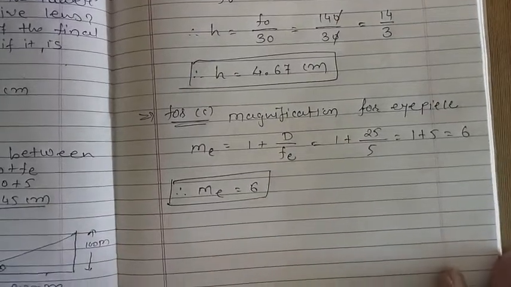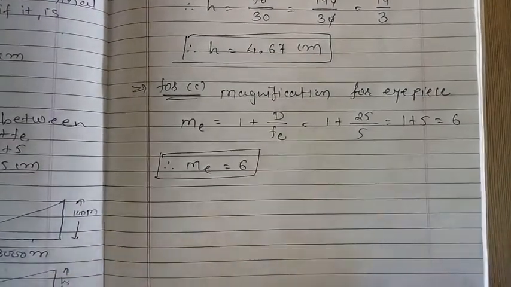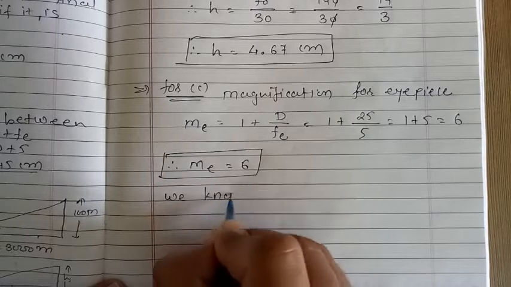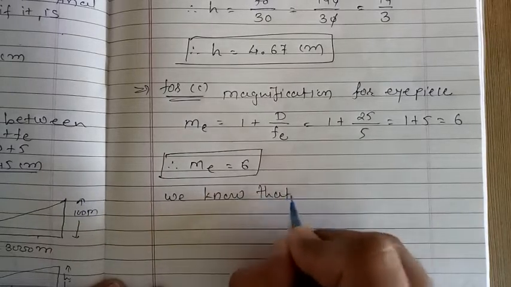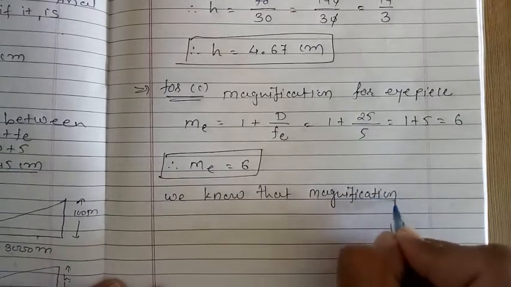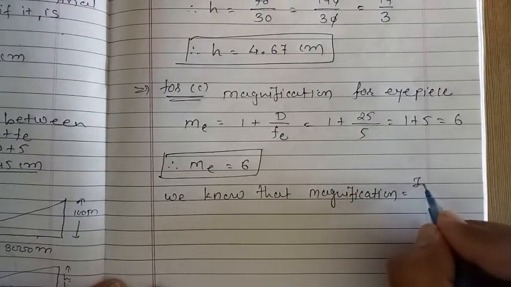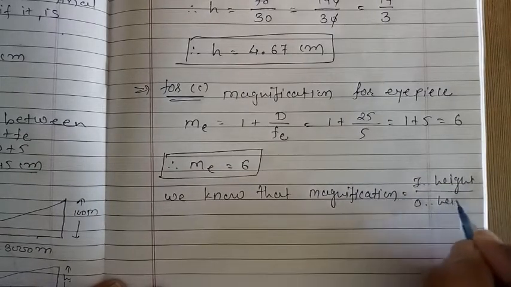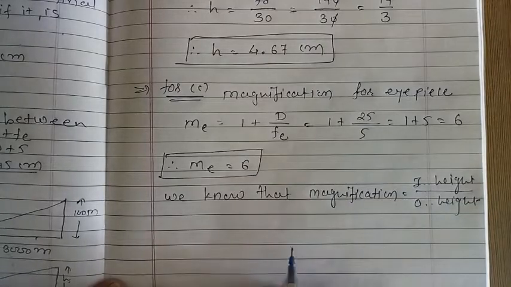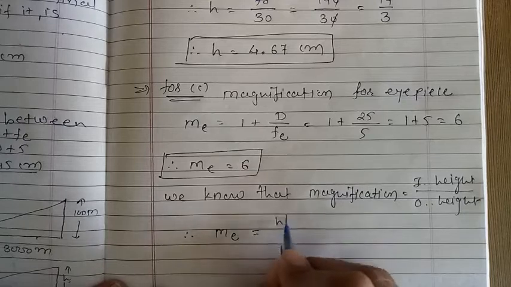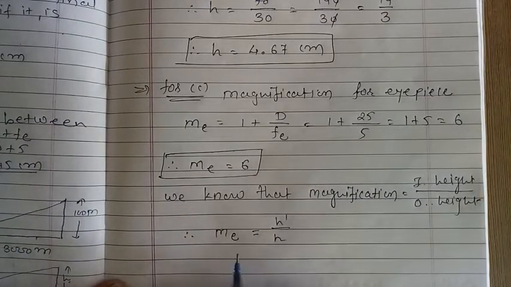Now we can use the formula of magnification. Magnification is equal to image height upon original height. So the magnification for the eyepiece is equal to h dash by h, right?